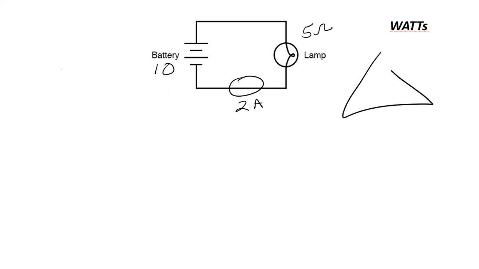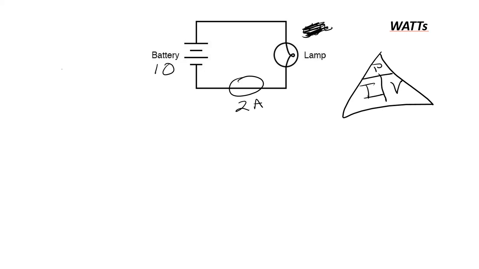So let's draw my power triangle. Put my P at the top, I, and then E, or V in this case. All right, pie, P-I-E. V and E are interchangeable. So can I use ohms? No, that's not even one of the choices. So we're just going to forget all about that.